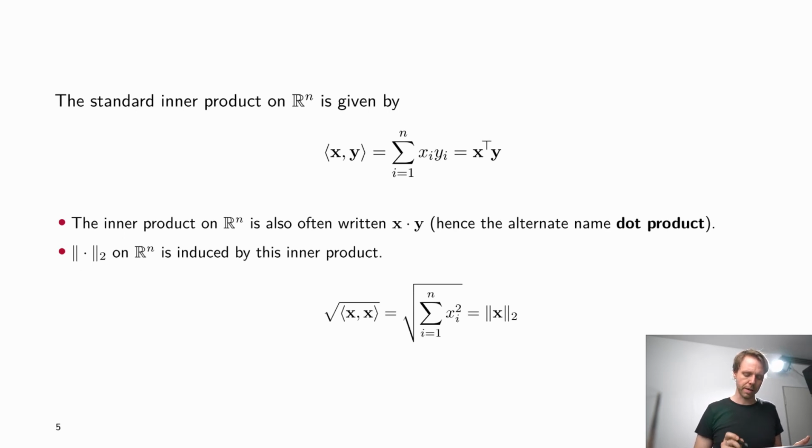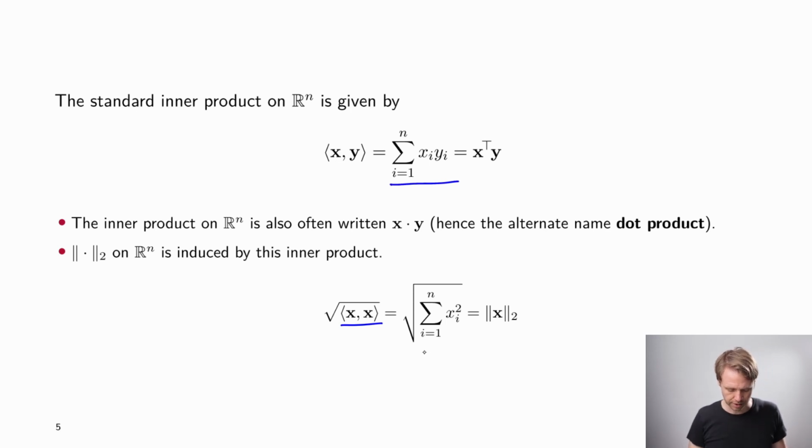So remember, the induced norm of a dot product is the square root of the dot product of a vector with itself. And if we look at this dot product here, we basically have the sum from 1 through n over the elements of x_i times x_i, meaning x_i squared, and this is equal to exactly the Euclidean norm.